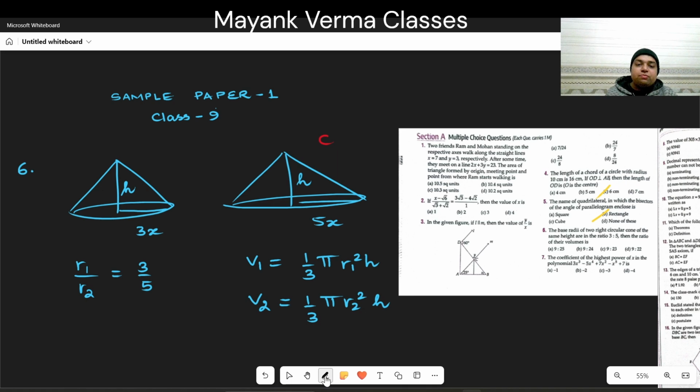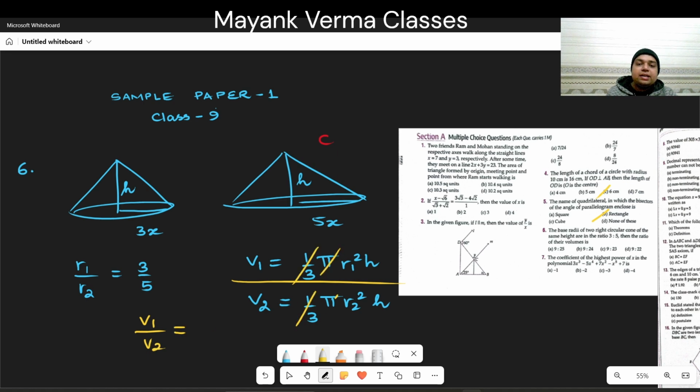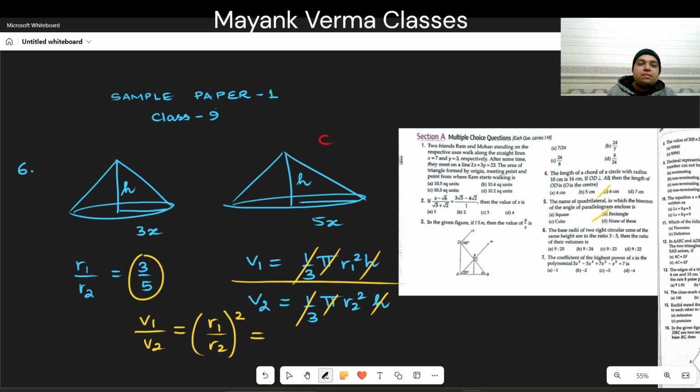So we just need to divide them. So v1 upon v2 will be equal to 1/3 pi cancels out, h also cancels out, r1 upon r2 whole square. So r1 upon r2 is 3/5, which is given. So 3/5 whole square will be 9/25. So option A will be the correct option here.